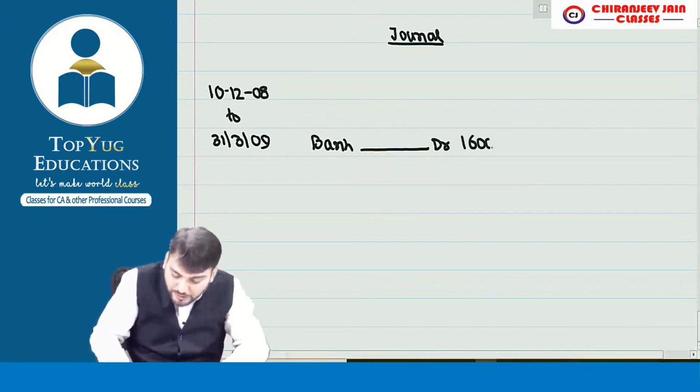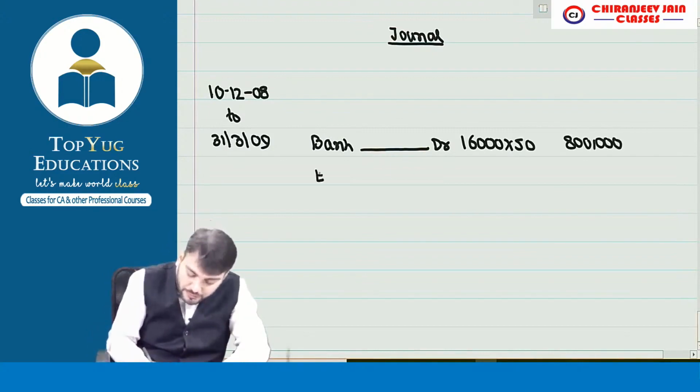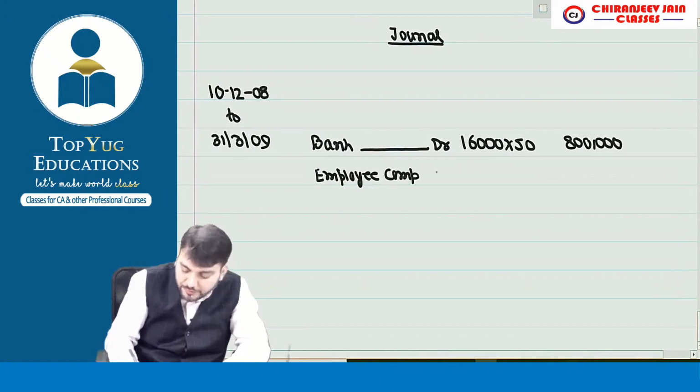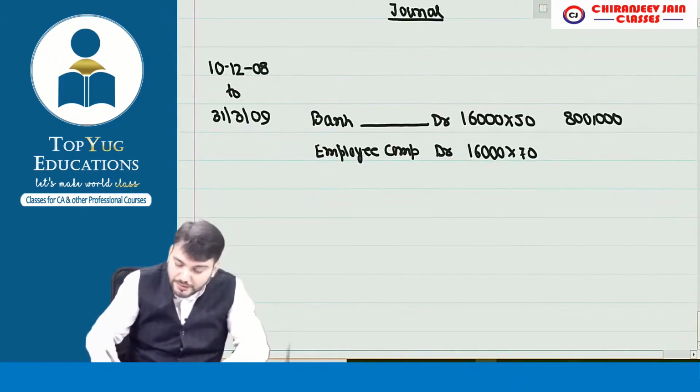So 16,000 into 50, that is 8 lakh, and we write down employee compensation account debit, 16,000 into 70, that is 11 lakh 20,000.